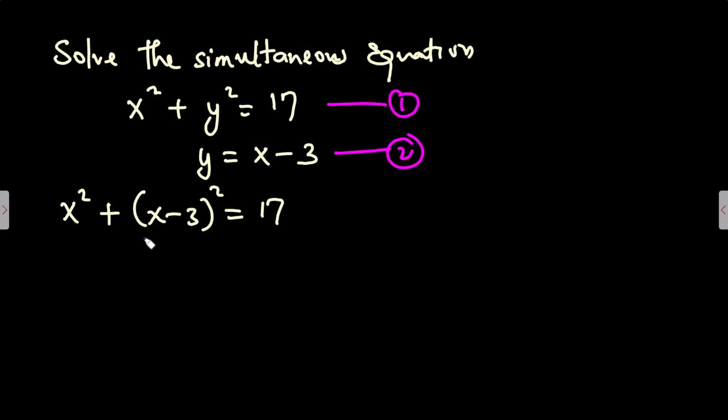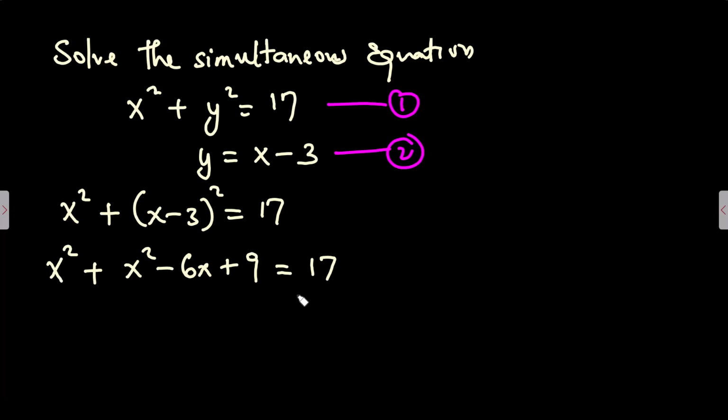Of course, first you take this x squared down, and if you expand this, you get x squared minus 6x plus 9, and that equals 17.